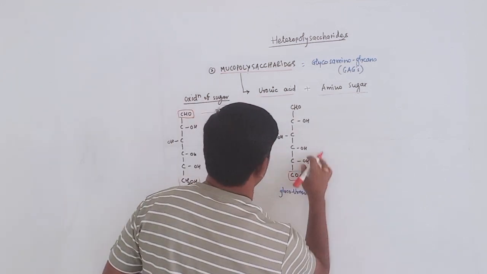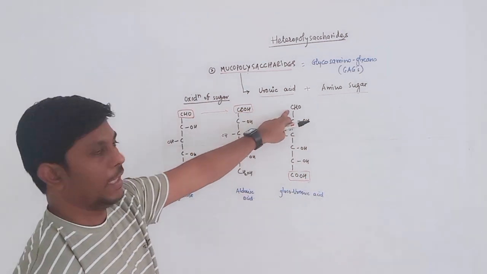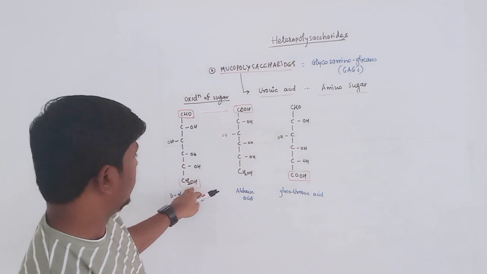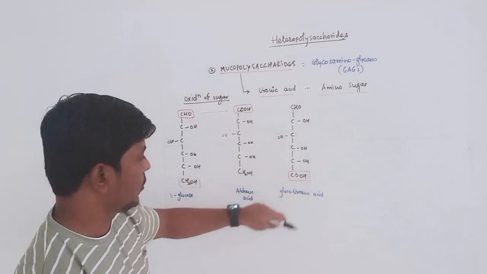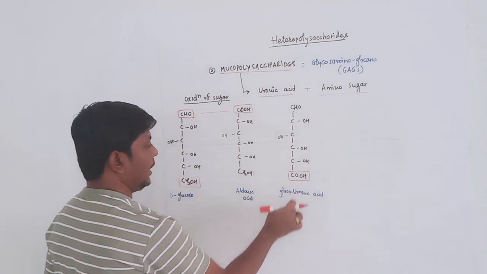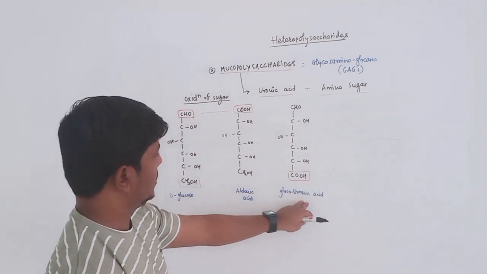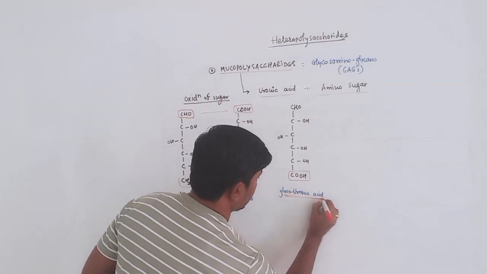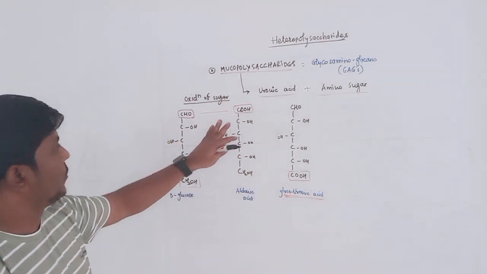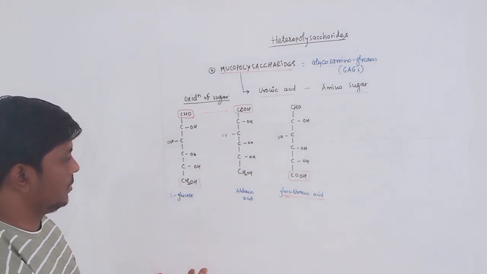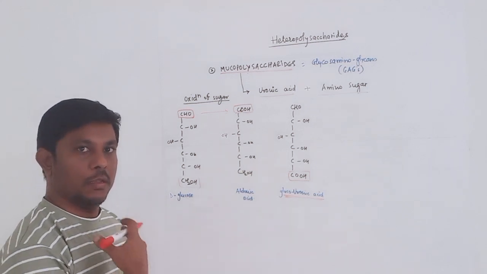As you can see here, the aldehyde group is there because it is protected, and the last carbon of glucose gets replaced by a carboxylic group, and in that way we get uronic acid. As this is a molecule of glucose, we get glucuronic acid. So this is how you get uronic acid. Similarly, there are galacturonic acid and mannuronic acid.